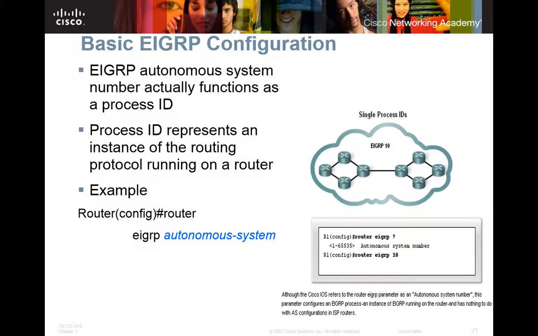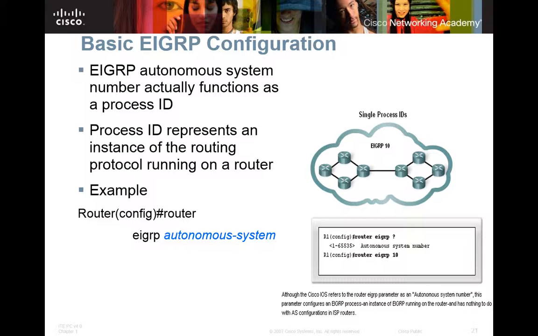The EIGRP autonomous system number actually functions as a process ID. How many of y'all are familiar with process IDs? What you have to do is your command is going to be router eigrp and then a number.